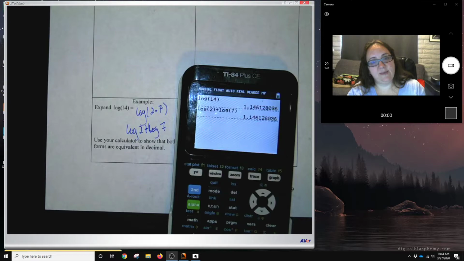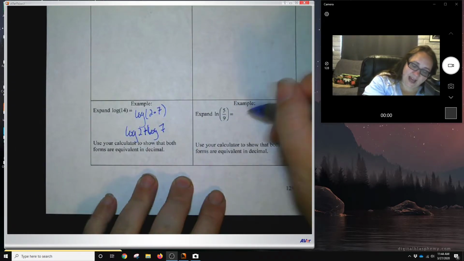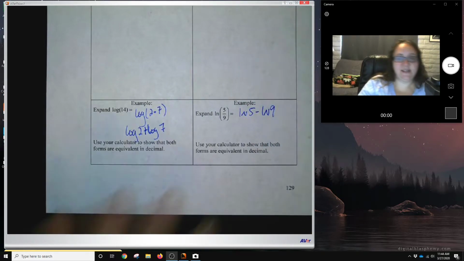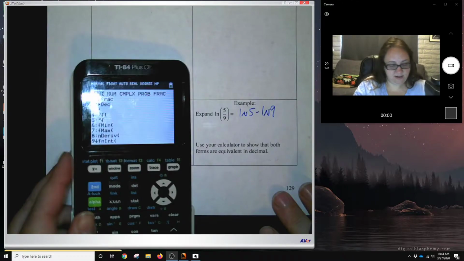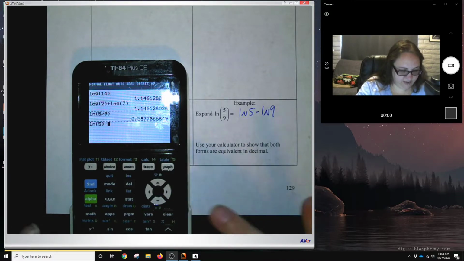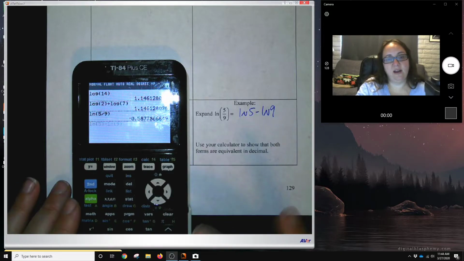Notice I got the exact same thing. And then here, the ln of 5/9 should be the same as the ln of 5 minus the ln of 9. The ln of 5/9, the ln of 5 minus the ln of 9. Yep.